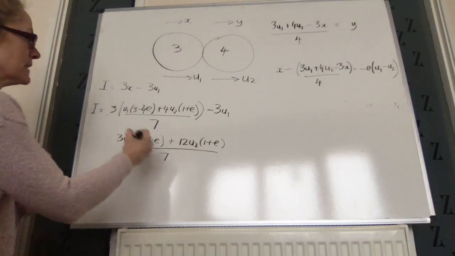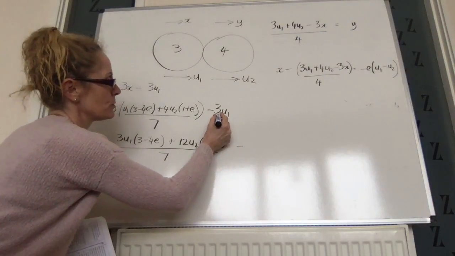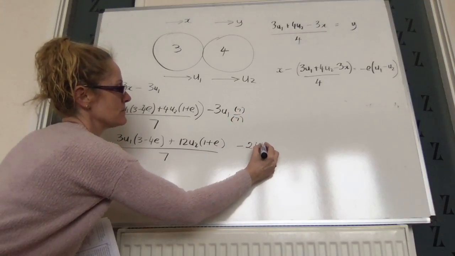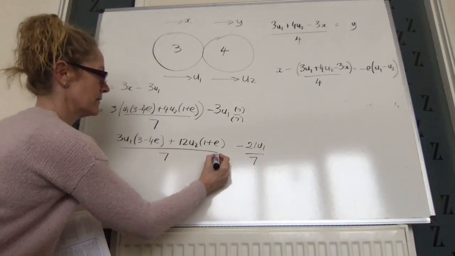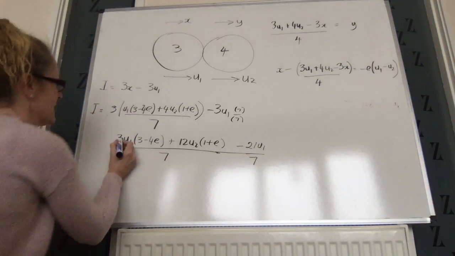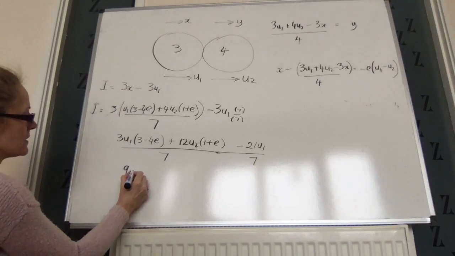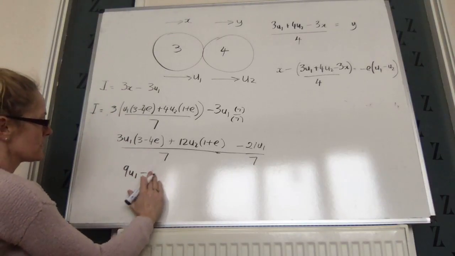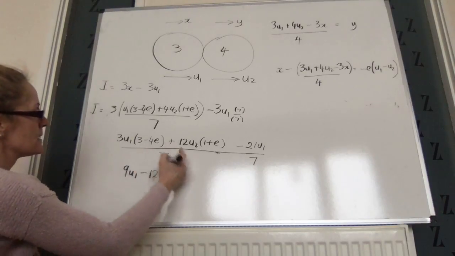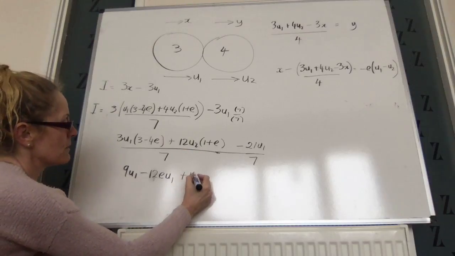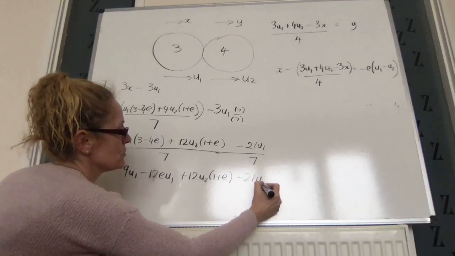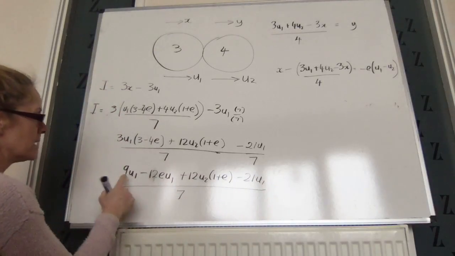That's me multiplying the 3 in. Minus, now we're going to put this over 7, so multiply by 7 on the top and on the bottom, so minus 21u1 over 7. So that is 9u1 minus 3 by 4, 12eu1, plus 12u2 times (1 plus e), minus 21u1, all over 7.